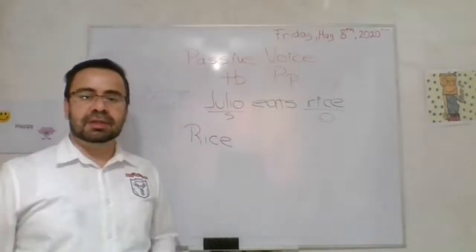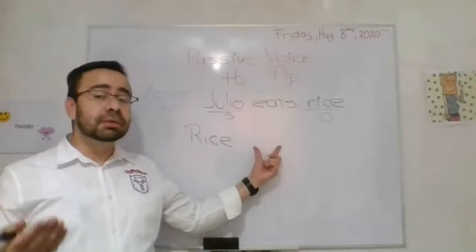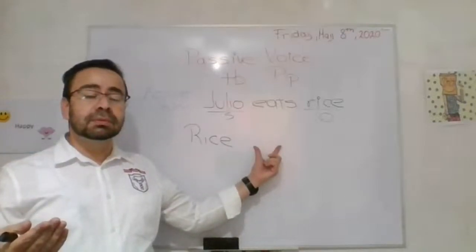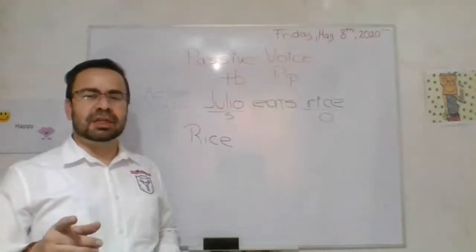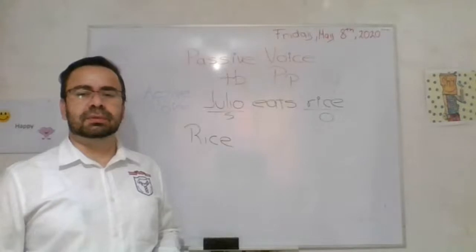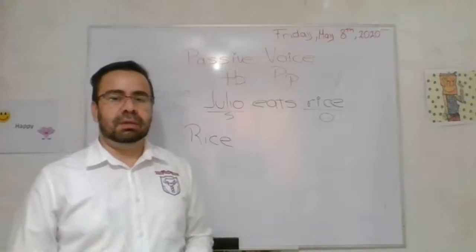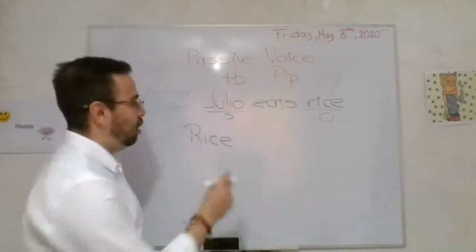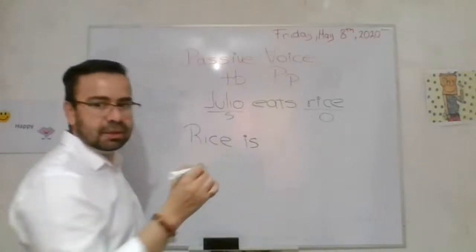The verb to be of rice. Rice. It's a little slowly, don't worry. Thank you. And continue. Rice is.